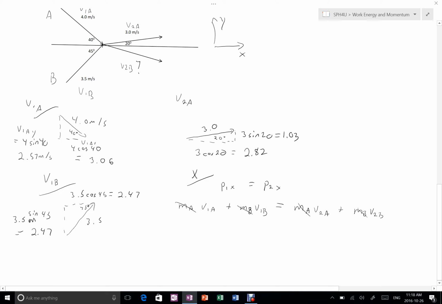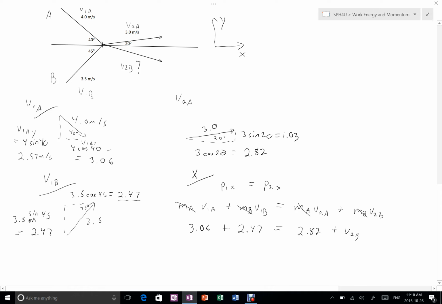So we just got to translate from these diagrams correctly. We need this 3.06 as the initial velocity of object A, plus this 2.47 as the initial velocity of object B. Final velocity here, we have 2.82 for object A, and the velocity of object B is what we're missing.